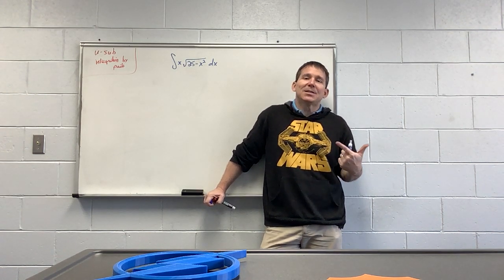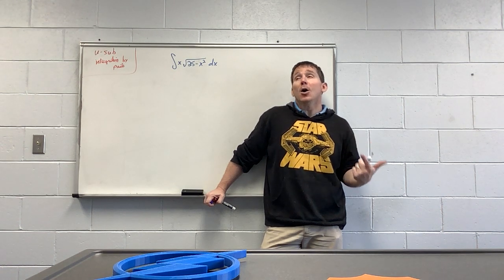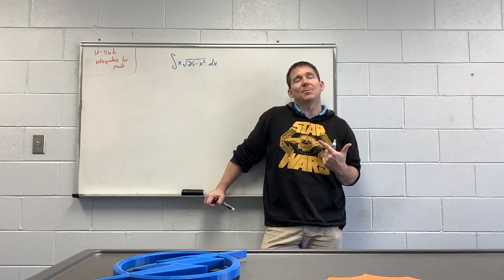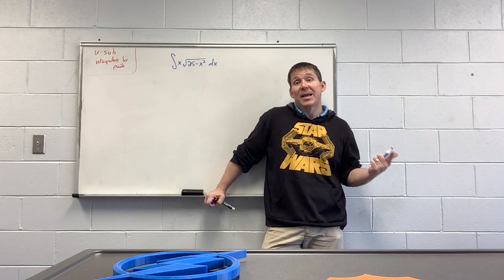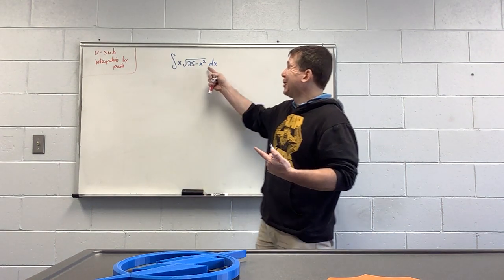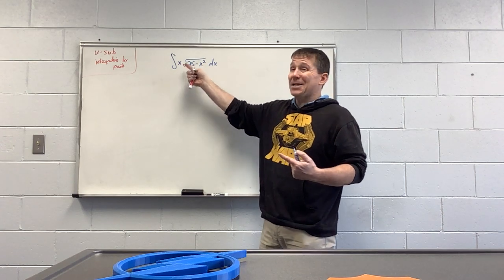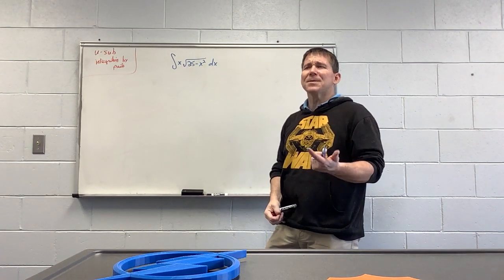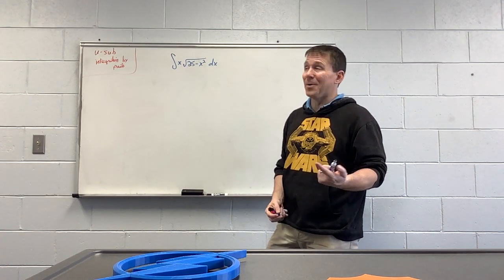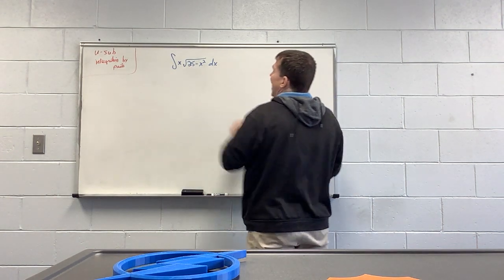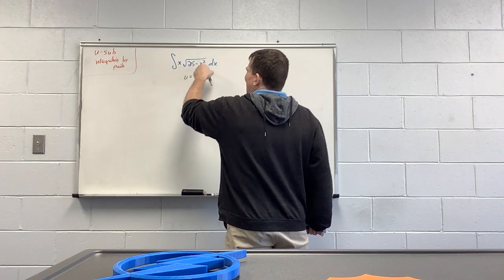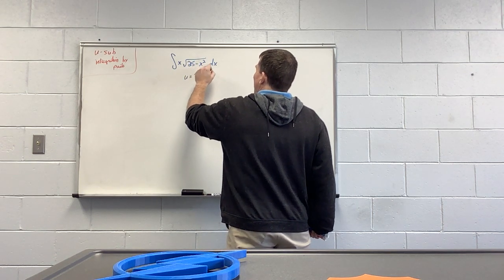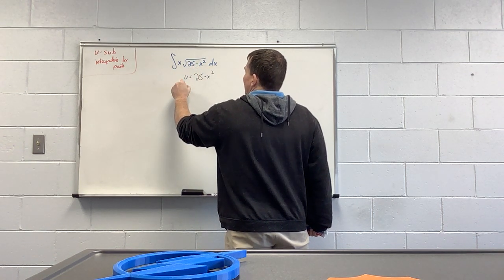With practice, you begin to recognize, oh, this problem can be solved with this trick, that problem with that trick. In this case, if I have a radical with an x inside of it and an x on the outside of it, U substitution will work a lot, not always, but a lot. And we understand the trick. I let u equal everything inside the radical, 25 minus x squared.